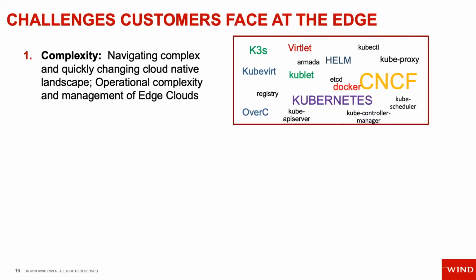Some of the key challenges that I hear about when I talk with customers are, first of all, complexity. Not everyone is a senior architect or developer, and navigating this broad spectrum of cloud native and container technologies is hard.